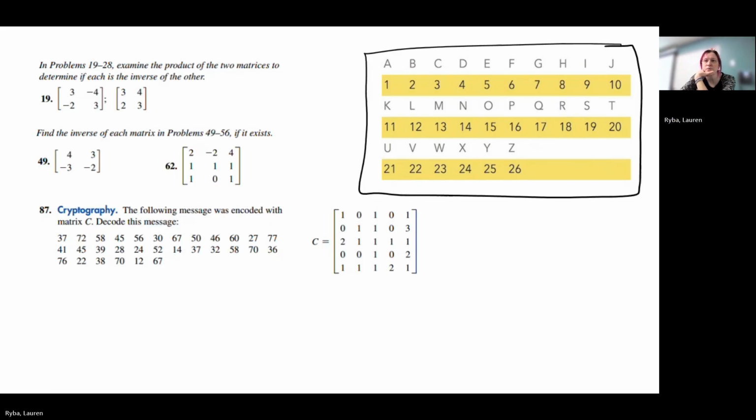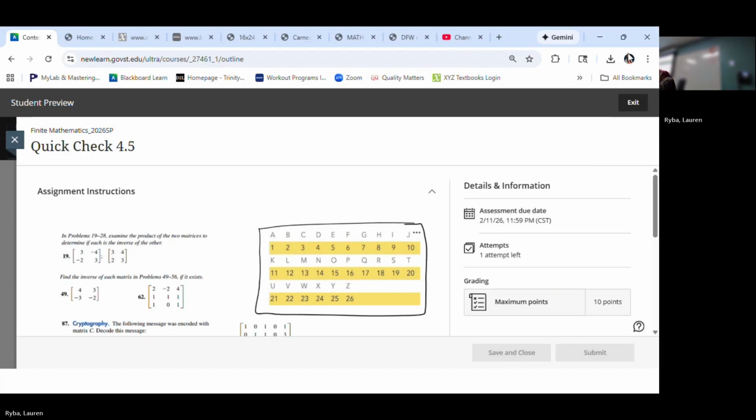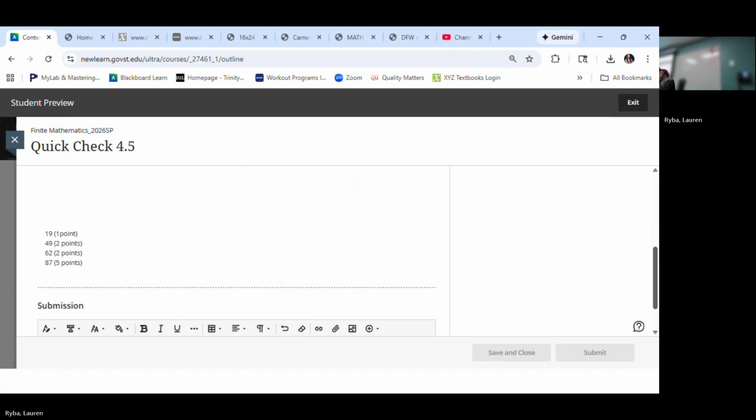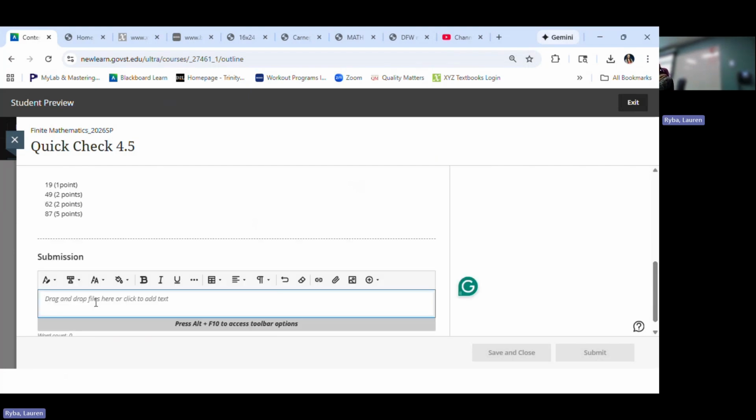Instructions. Okay. So when I'm inside here, and you're in your little text box down here, if you hit this plus button, there's a math editor.